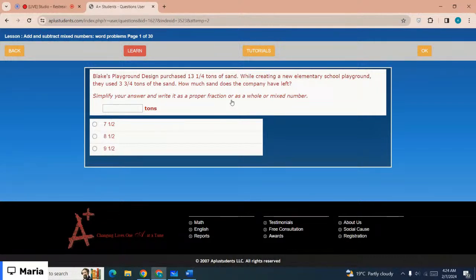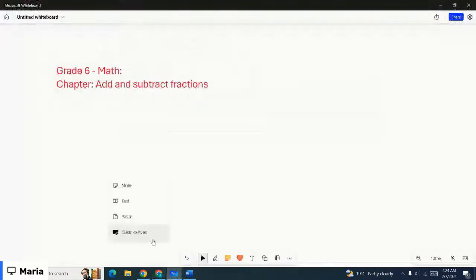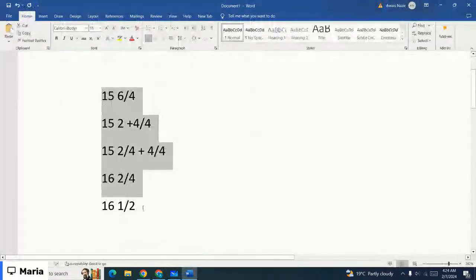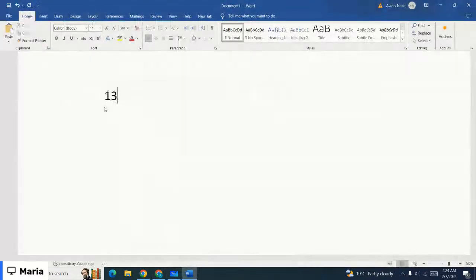How much sand does the company have left? So the total sand is 13 whole 1 over 4. You need to calculate how much is left. That means you have to subtract.